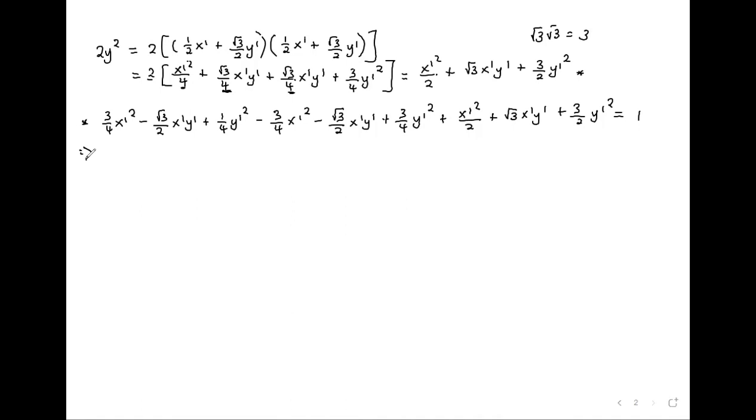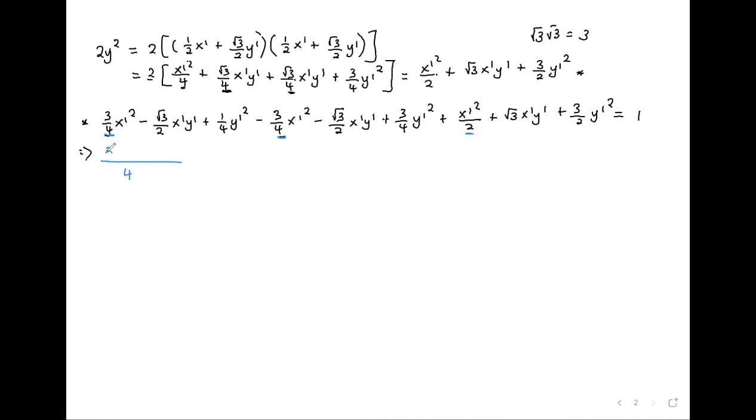Let's start with the common denominator for x prime squared. I think it will be 4. So let me use a different color here. We start with this one, and the common denominator is going to be 4.